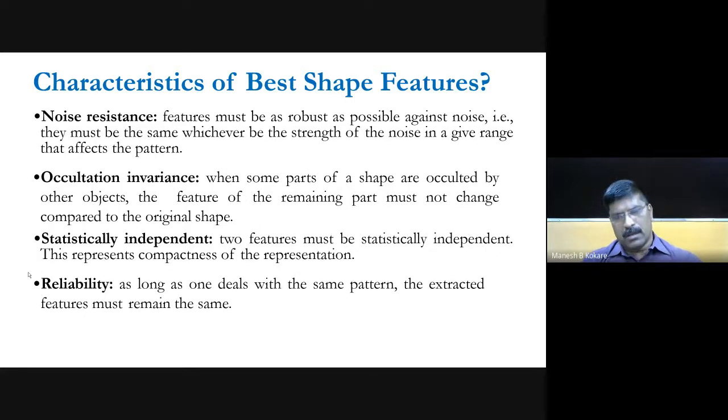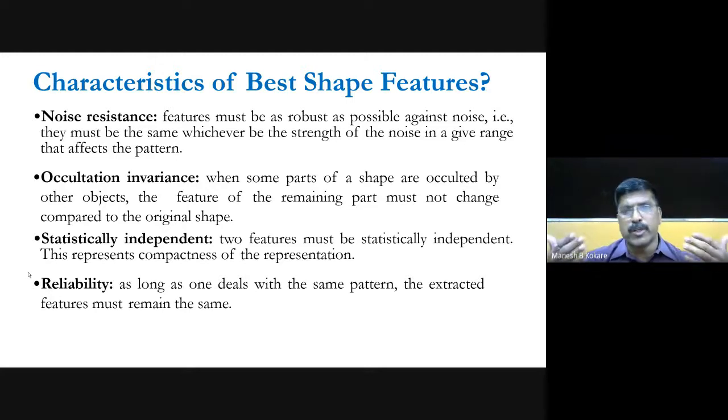The fourth requirement of a best shape feature is that it should be noise resistant. You know that shape is nothing but edges; you are detecting the border edges. An edge is a high spatial frequency and noise is also a high spatial frequency.